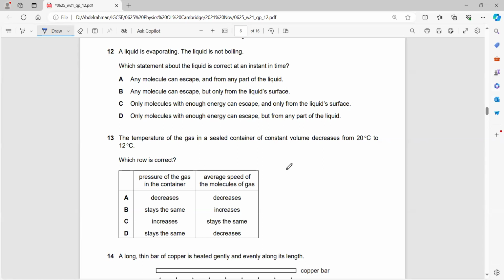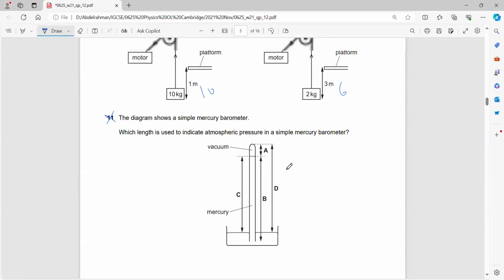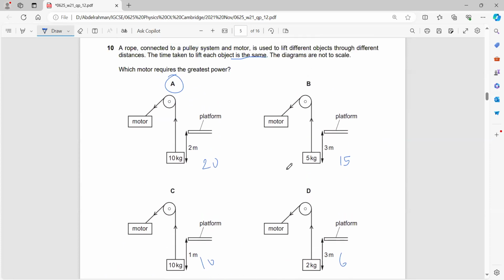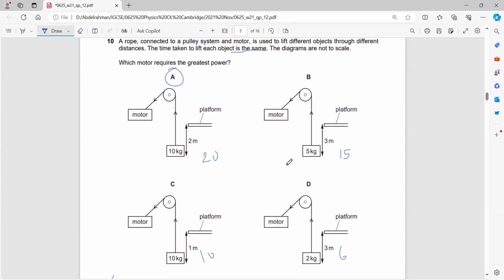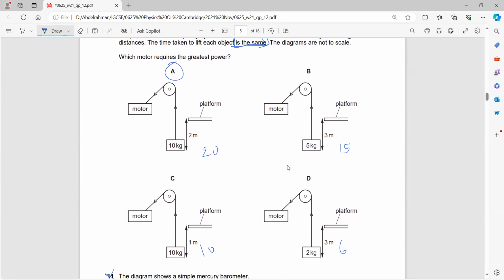Work done is force times distance. He needs the greatest work done. To find the greatest power over the same amount of time, you need the greatest work done. What I did was mass times distance.